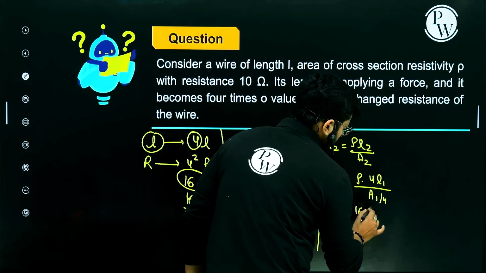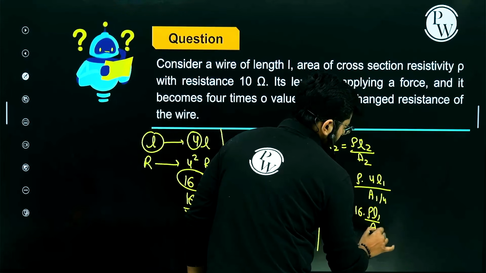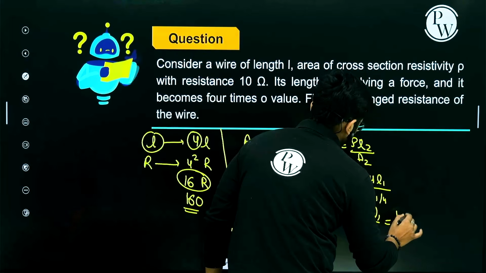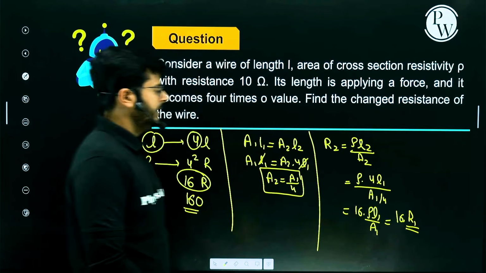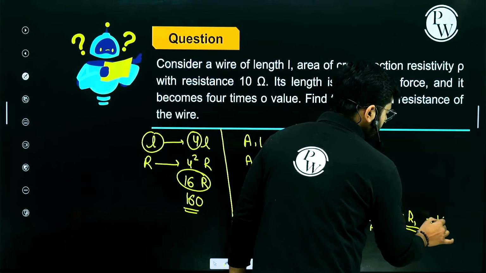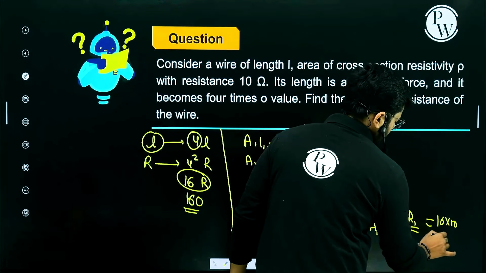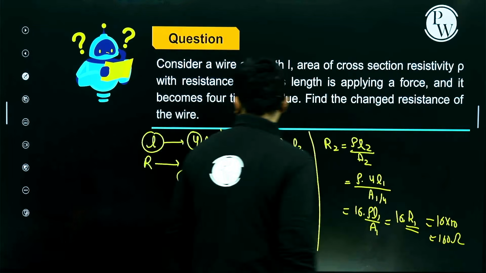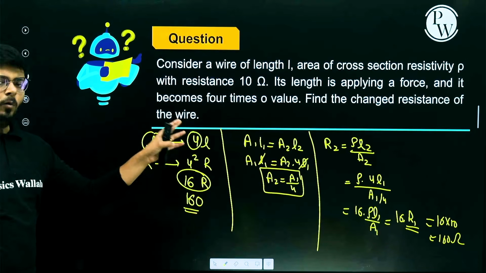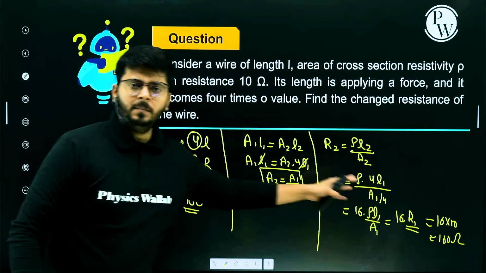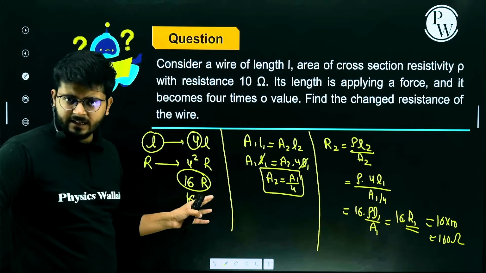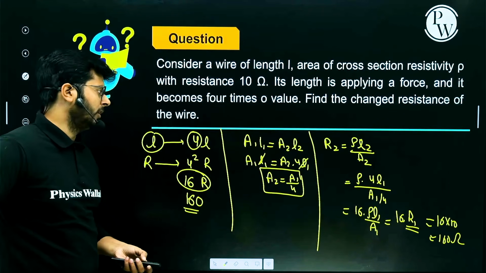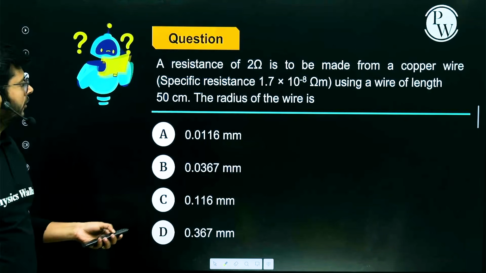It will become 16 rho L1 upon A1, which is 16 times R1. Original value of R1 was 10, so it is 160 ohm. We don't have to solve all of that in the exam. Doing simply this observation is enough. It will give you the correct option by default. So now let's move on and talk about the next one.